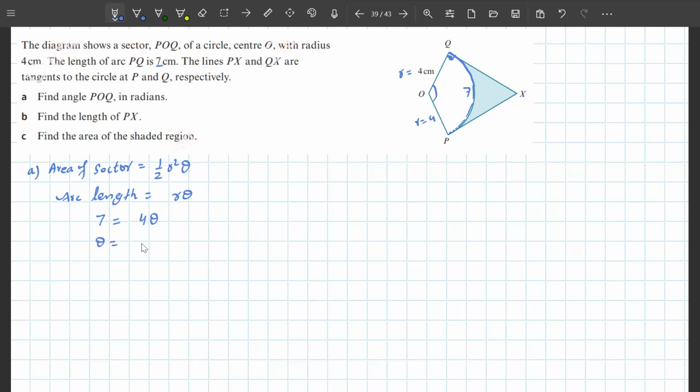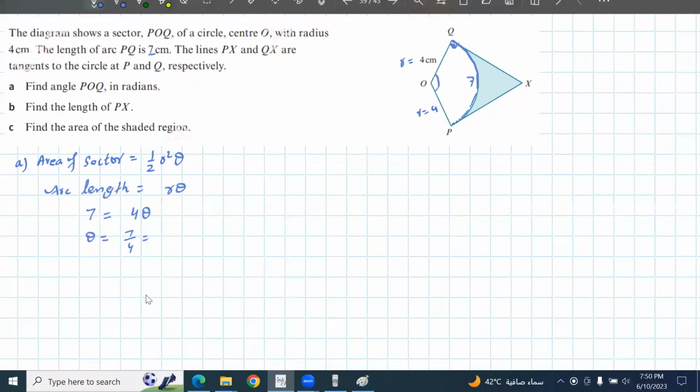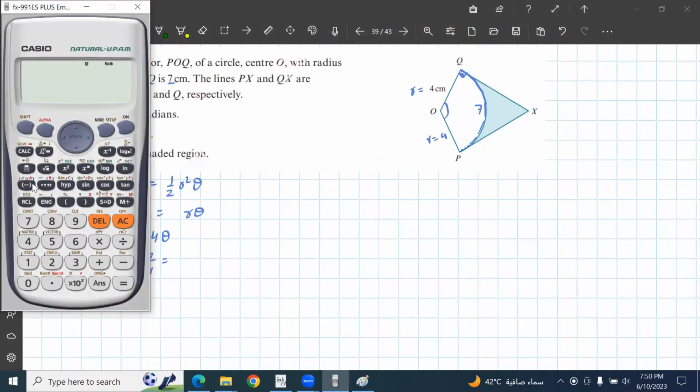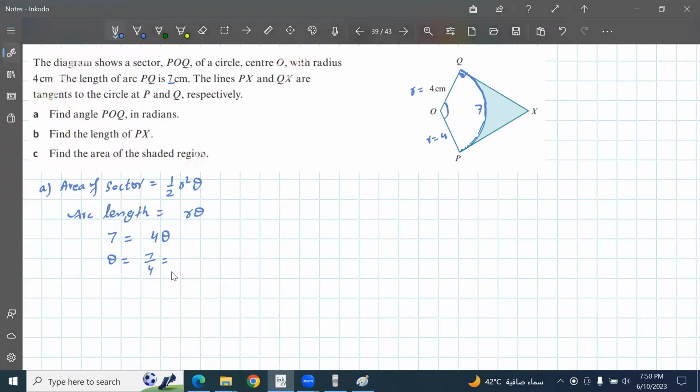So theta is equal to 7 over 4, which you can check on a calculator. 7 divided by 4 gives me 1.75. So you can say that 1.75 in radian is our required angle, the answer of the first part.